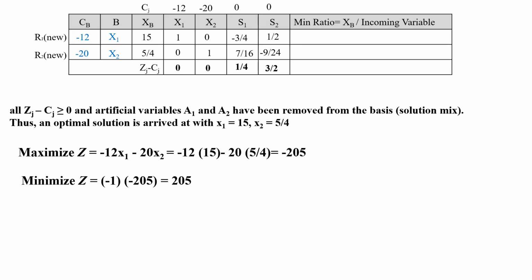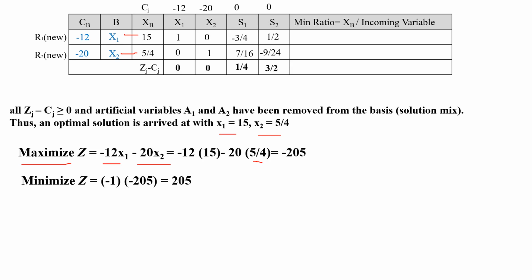So we get the optimal solution at x1 value 15 and x2 value 5 by 4. Then I substitute these x1 and x2 values in the objective function, maximize Z equals minus 12x1 minus 20x2, which becomes minus 12 into 15 minus 20 into 5 by 4, which is equal to minus 205.